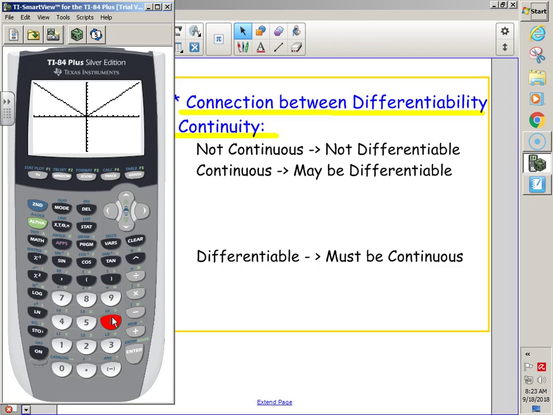So maybe it makes sense there would be two different derivatives, and since they're lines, two different slopes. So what did you figure out was the slope for the less than 0 side? Negative 1, mx plus b, negative 1. What's the slope for the greater than 0 side? So here's my question. What's the slope at 0?